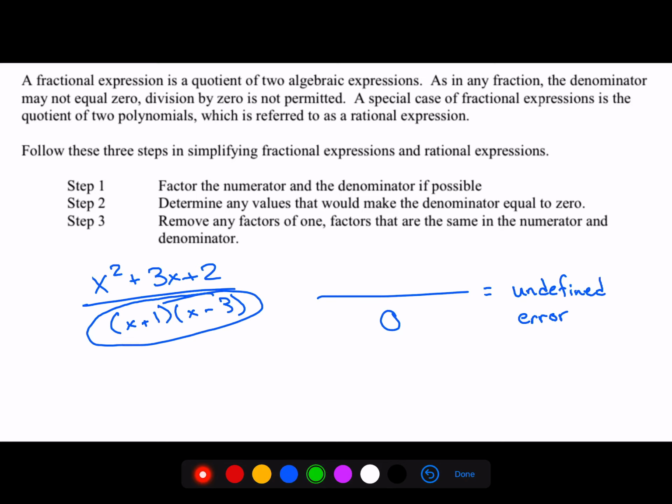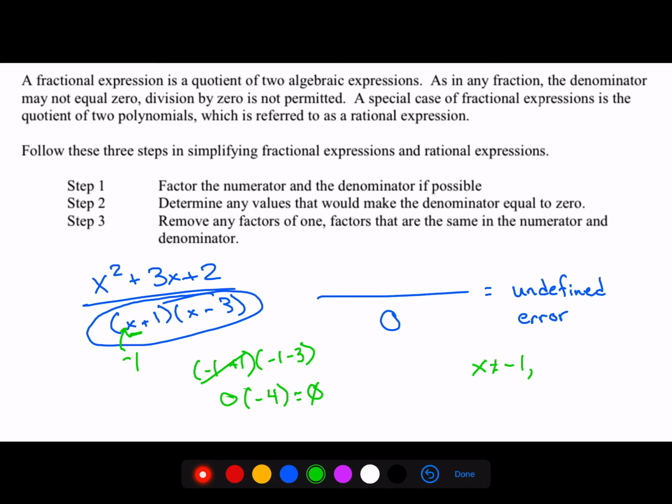What if I said that x is -1? Just as a hunch, I plug in -1 for x. That'll give me -1 plus 1 times -1 minus 3. Well, -1 plus 1 cancels out and gives me 0 times -4, which will give me 0. So therefore, I can say x cannot equal -1.